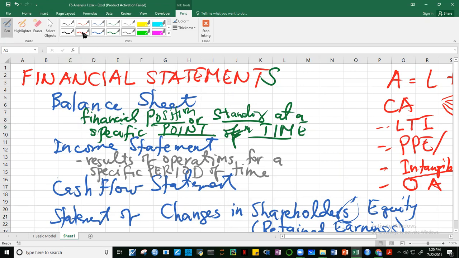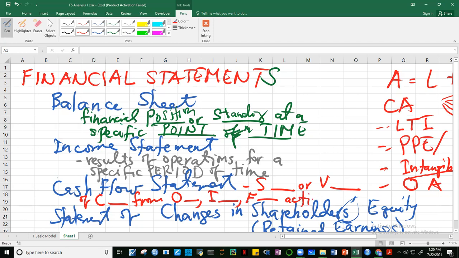Cash flow statement, ang nakikita natin dito. Sulat natin dito, blank or blank of blank from, panay blank to, no? Activities. Alright, Sophia, thank you.